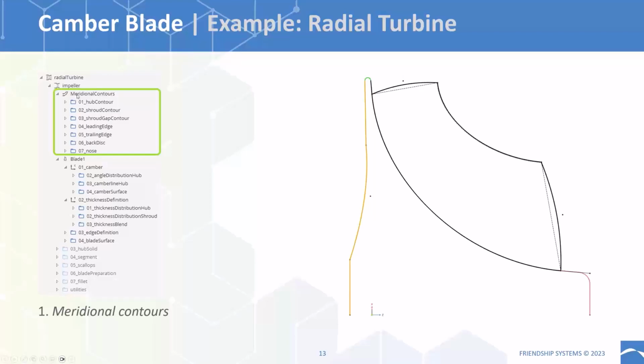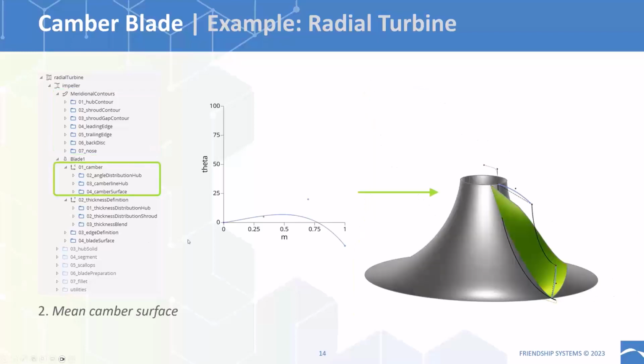And as a first step to create this specific blade, we define the meridional contours like hub and shroud contour, leading and trailing edge, maybe back contour and a nose. And then in the second step, we can add the information that specifically defines the shape of the blade, like the camber definition.